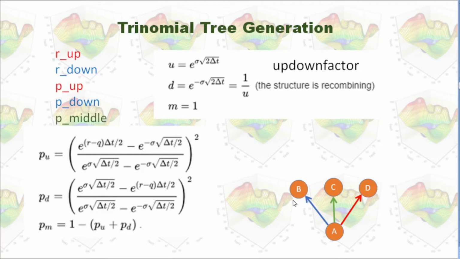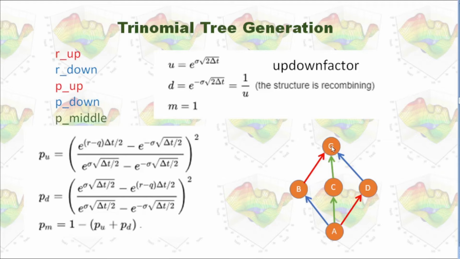And now let's see how we can build the next level of the tree. From C, how can we reach G? Because when we consider G, it has three possibilities.